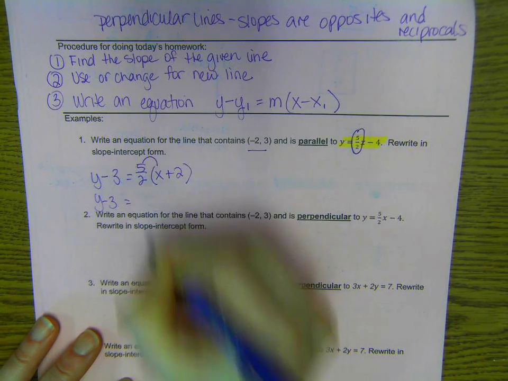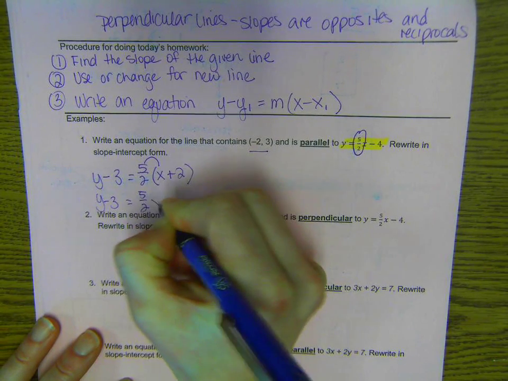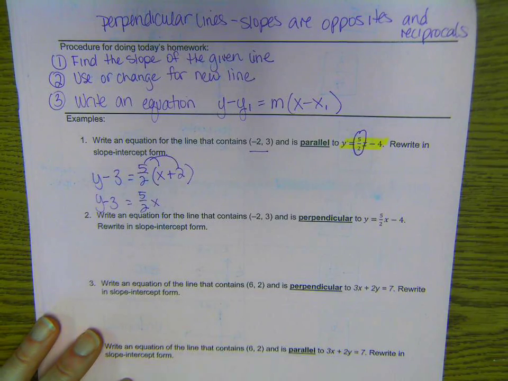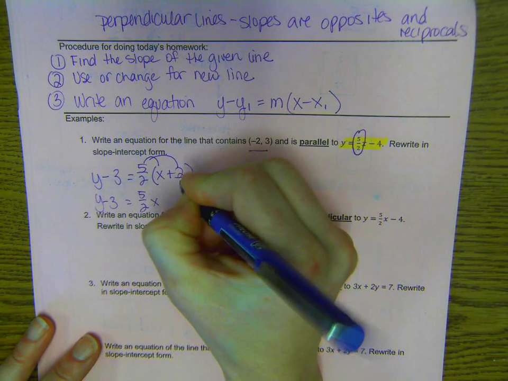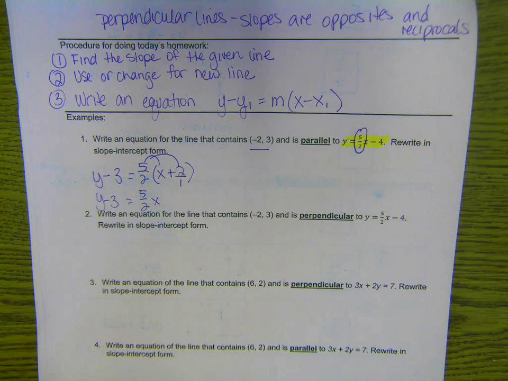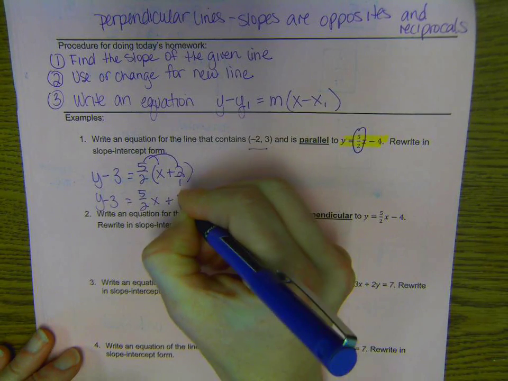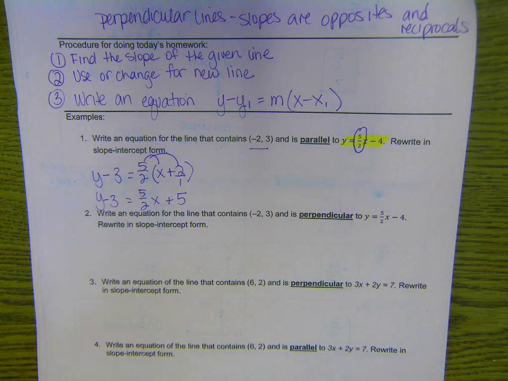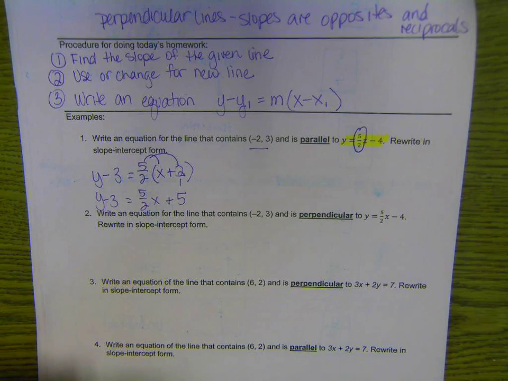5 halves times 2, if you want to think of it as 2 over 1, what's 5 halves times 2? 5. And then I get y alone, so what should I do to both sides?